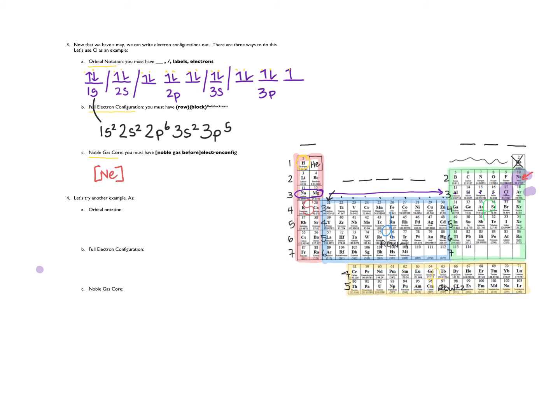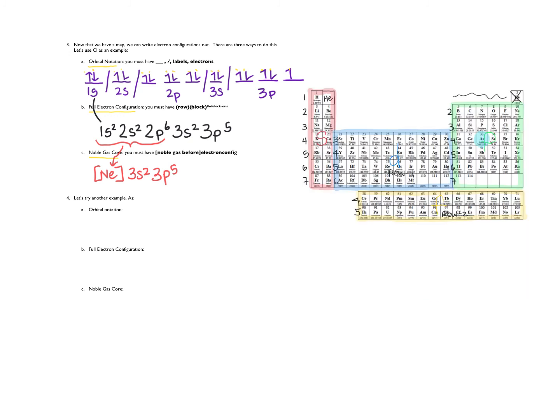So we're starting at neon, that's number 10, so that accounts for 10 of the electrons. And then we do 3s2 and then 3p5. So basically the neon accounted for all these electrons, which is actually the electron configuration for neon.